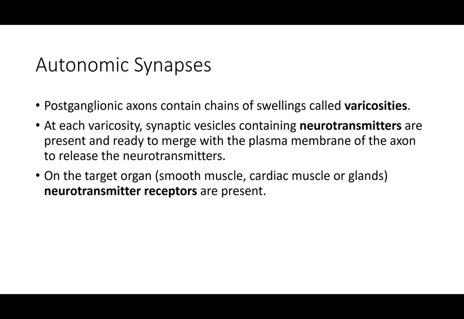That target organ, whether it's smooth muscle, cardiac muscle, or some sort of gland, has special receptors for that specific neurotransmitter. This is kind of like a lock and a key. The neurotransmitter would be the key, and the receptor would be like the lock. So there are specialized locks and keys that work together.